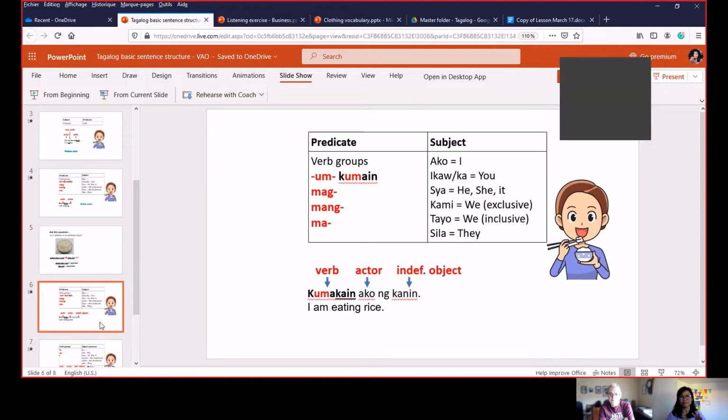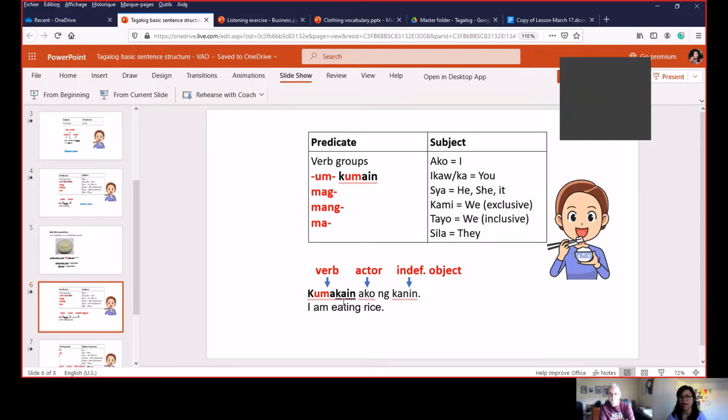So next, let's construct something with an indefinite object. So ng kanin. In this case, we need to pick our verb from these groups here, the same as if we didn't have an object. So ng kanin, indefinite, our groups would come from here.